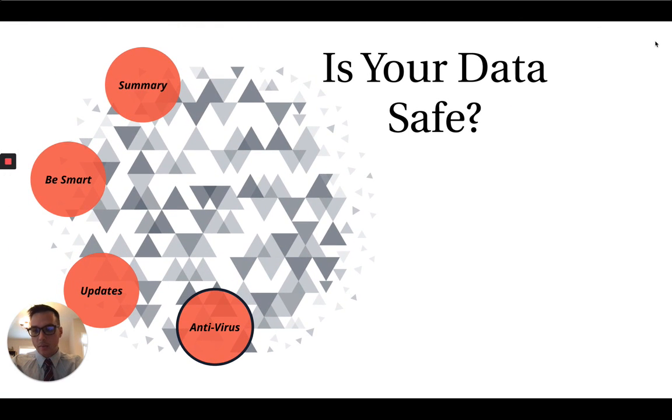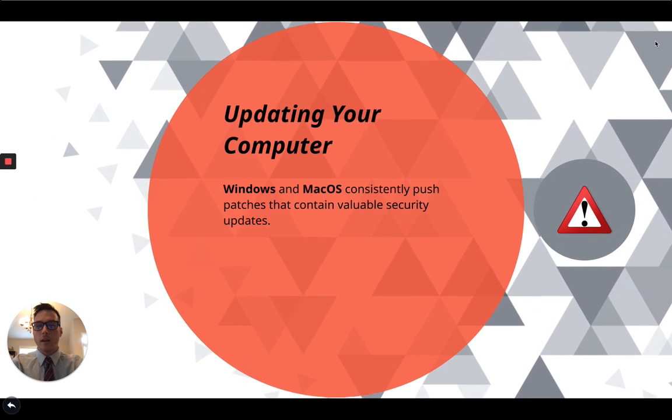So now that we've talked about antivirus, the next thing that I want to discuss are updates. What are they and how can they help you? Updating your computer is pretty easy. Both Windows and Mac OS constantly provide and push patches, some of which contain valuable security updates.